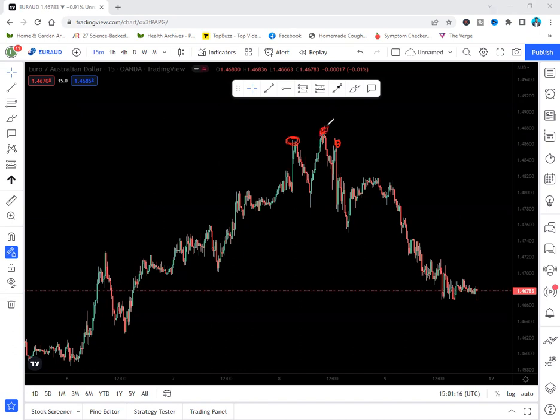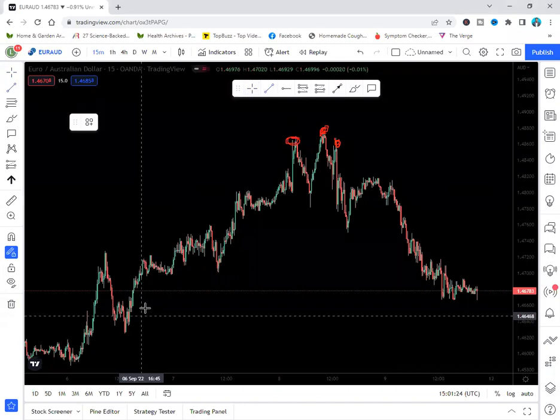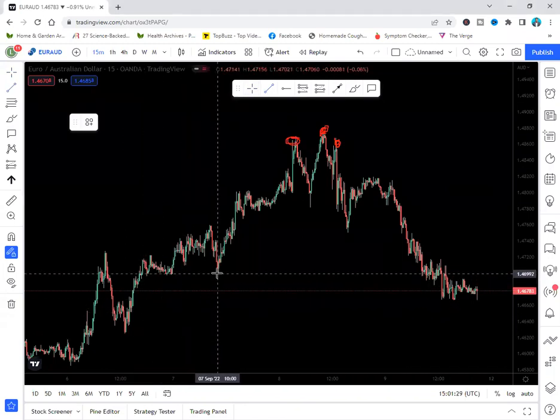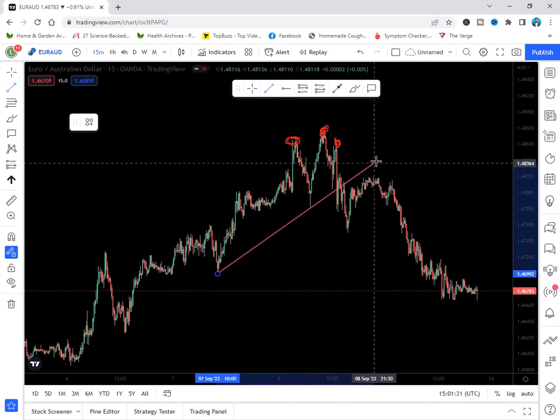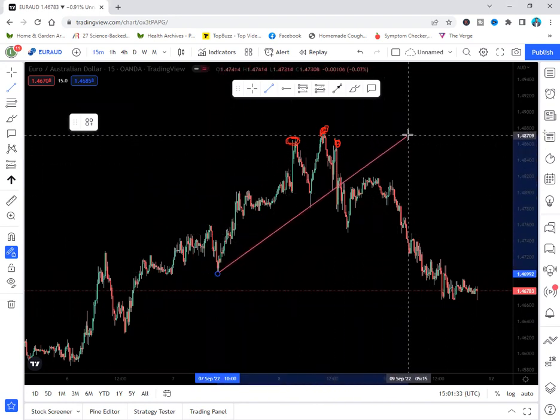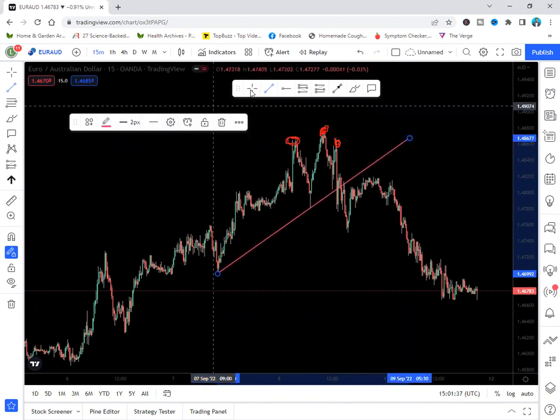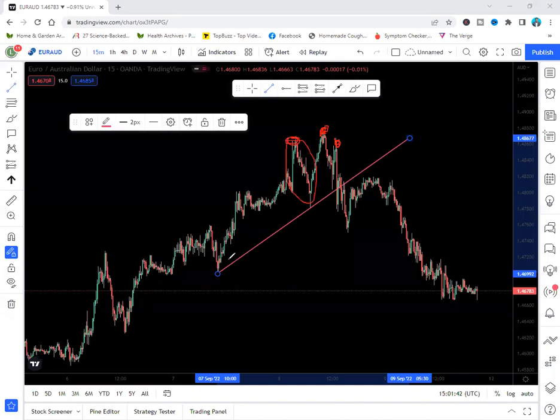Once that pattern is formed, the person is watching for the trend line to be broken. The person is just watching the trend line to be broken comfortably. So two ends. So which is this correction area versus the last correction area, which is here. These are the last two correction areas.